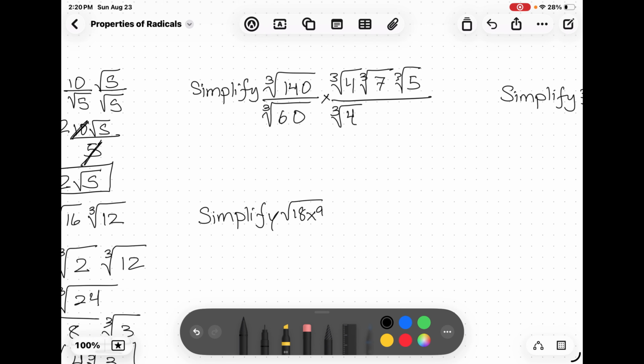So that's 60 divided by 4 is 15. And what do I do with 15? Cube root of 3, cube root of 5. Hey, look, 4's cancel, the 5's cancel. Well, this is much more manageable. Cube root of 7, cube root of 3.